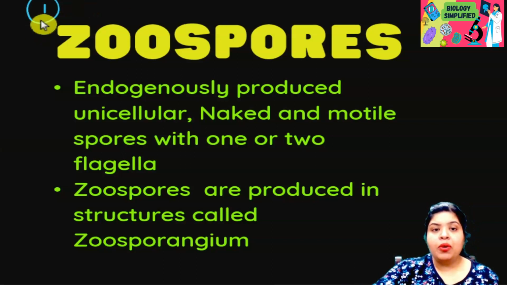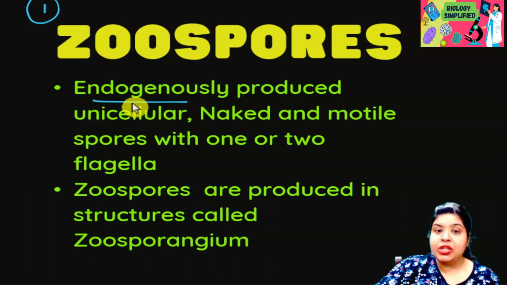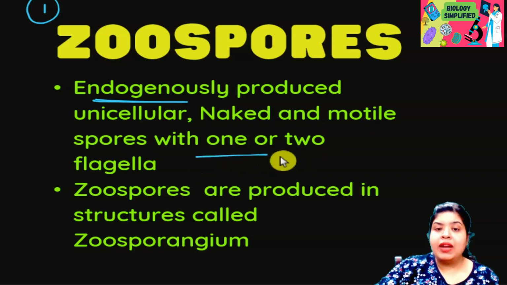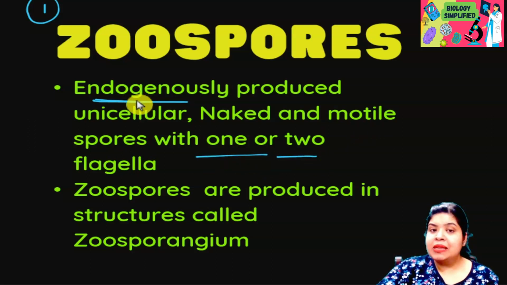When we talk about zoospores, they are endogenously produced unicellular, naked and motile spores with one or two flagella. Endogenously means they are produced inside the body, and they can be either uniflagellate or biflagellate. They are motile because of the presence of flagella.